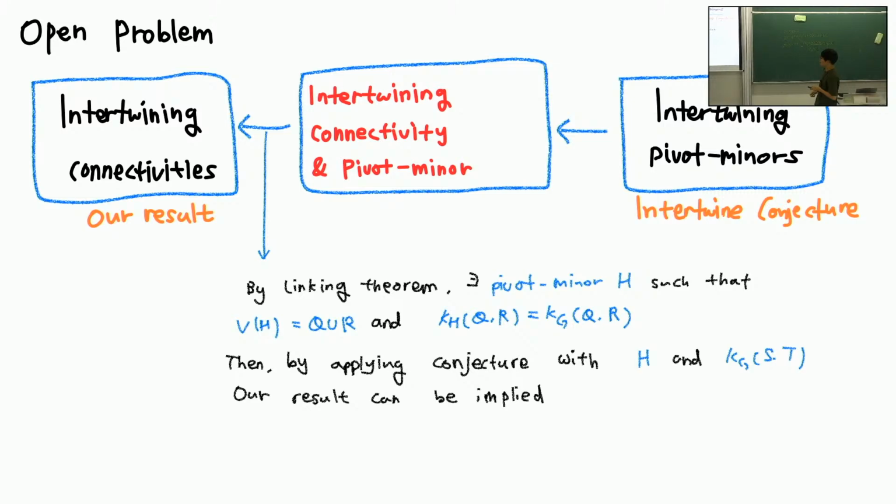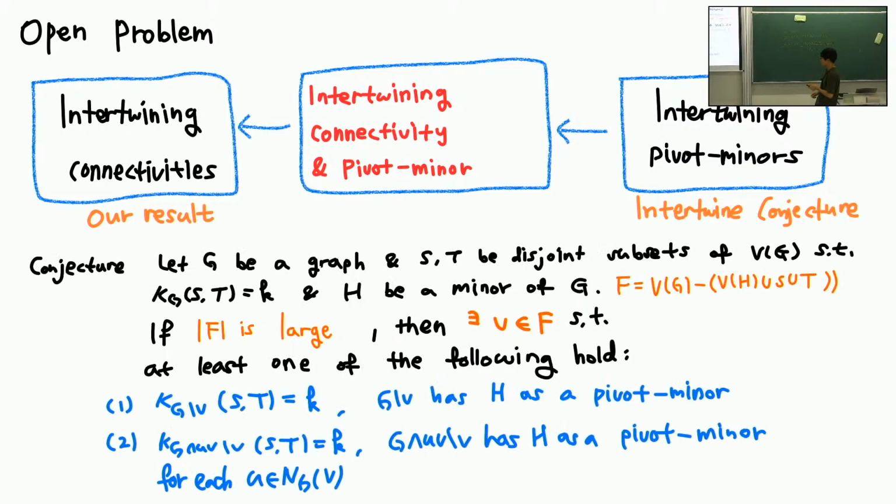Then I want to use the linking theorem for vertex-minors and pivot-minors and find the pivot-minor H such that the whole vertex set is Q union R and the connectivity is the same as that of G. Then we apply this conjecture, then we can find a vertex outside, where this vertex keeps the connectivity and preserves the H as a pivot-minor.